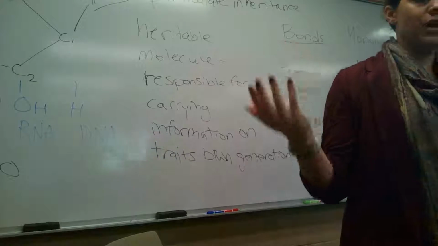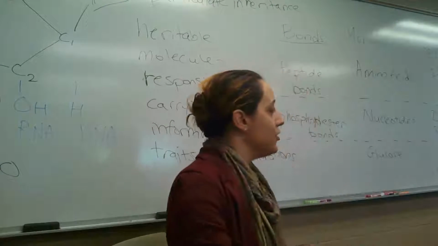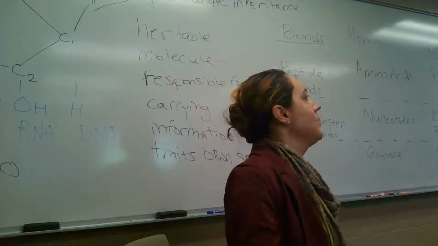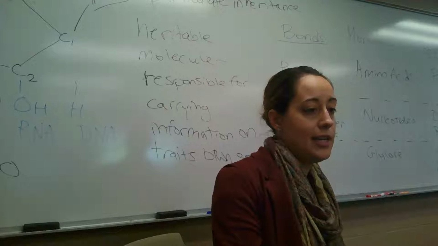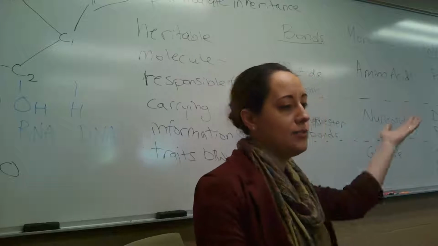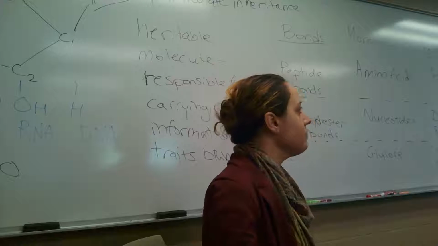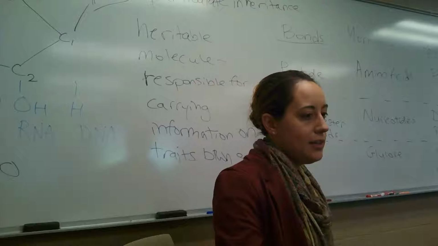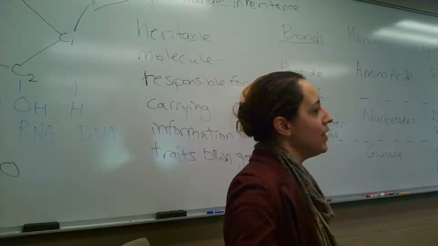So the one that they knew was pathogenic, if you inject it into mice, the mouse ends up dying. And this was referred to as the S strain. The other strain, referred to as the R strain, when you injected that into mice, the mice were fine.